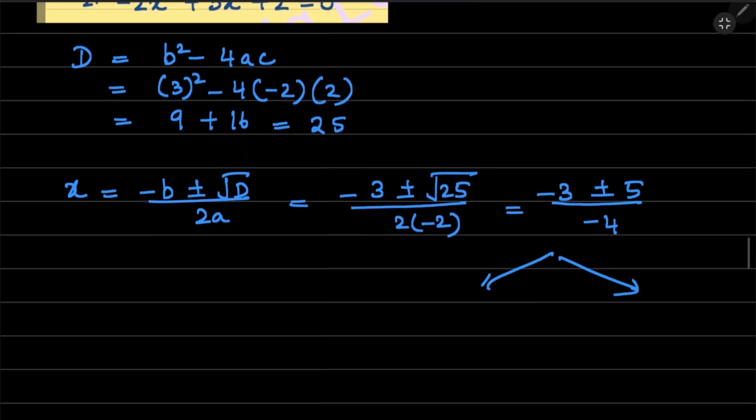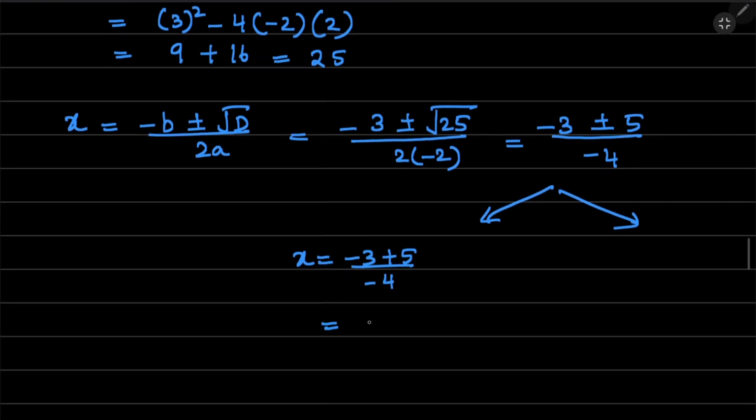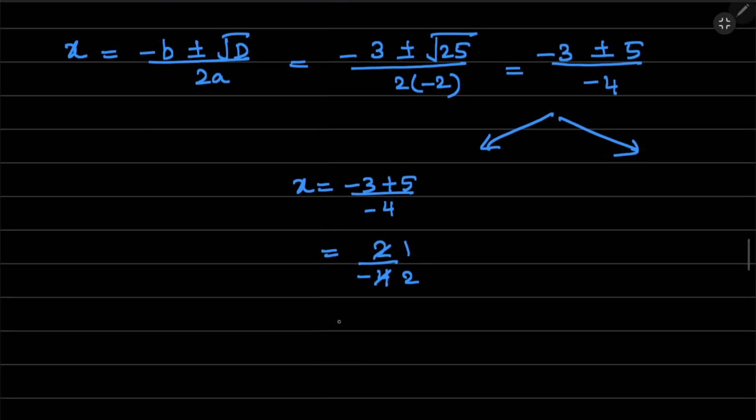Again, let us bifurcate into two roots. One of the roots is x equal to minus 3 plus 5 by minus 4. So 5 minus 3 is 2 by minus 4. 2 ones are 2, 2 2s are 4. This is equal to x equal to minus 1 by 2, one root.